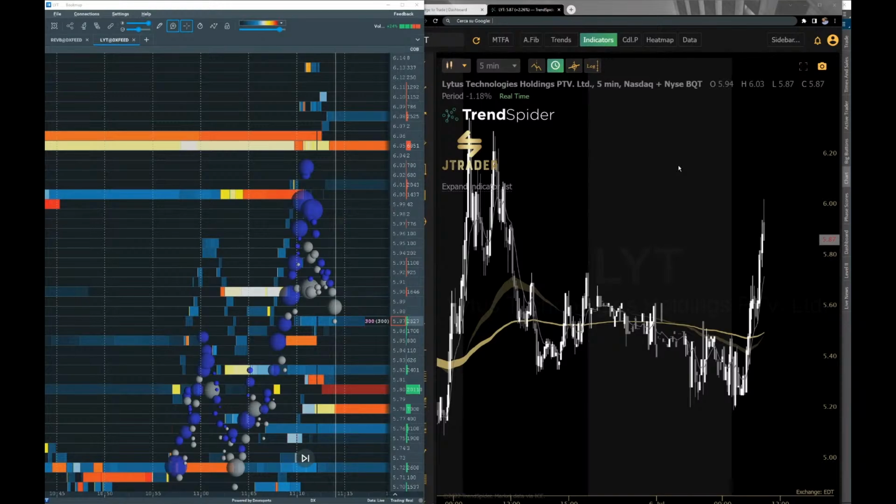Yeah, okay, I get that. So basically, we see this often on runners. If liquidity is front run, it means we have a very strong stock, a lot of buying pressure.